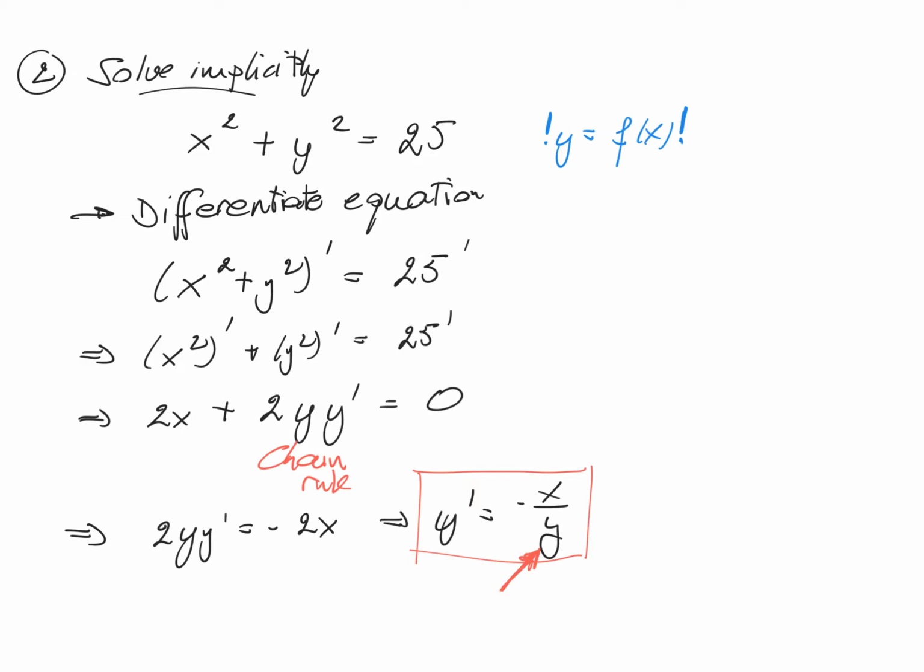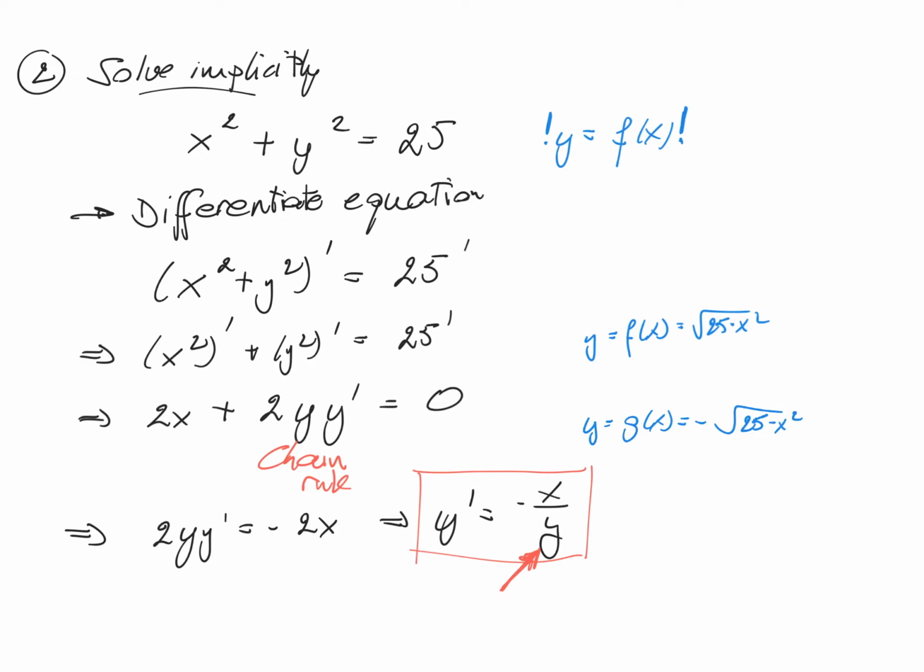So in the explicit solution, we had two subfunctions. y is f of x, the positive root of 25 minus x squared, or y was equal to g of x, the negative root of 25 minus x squared.